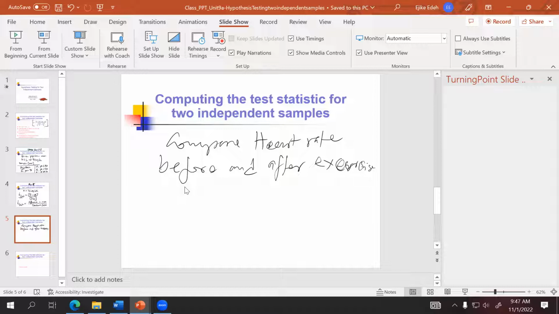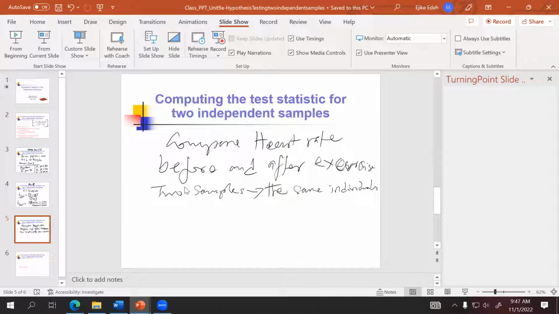The idea here is that you have two samples, right? But they are coming from the same individuals. So if we pick everybody in class now and take your heart rate right now, give you some kind of exercise and take your heart rate again, we're going to have paired data. So two heart rates from every one of us, right?